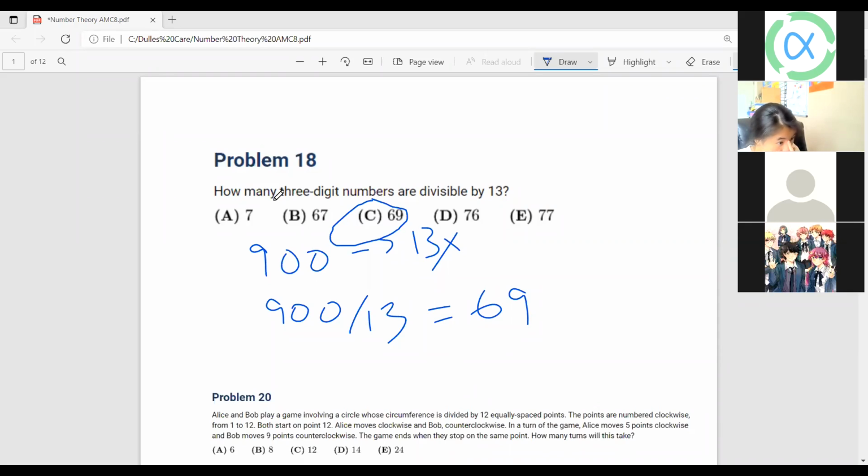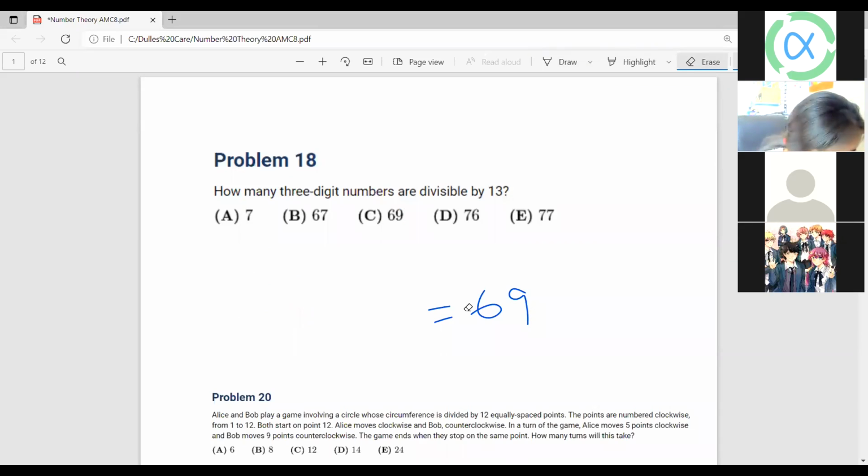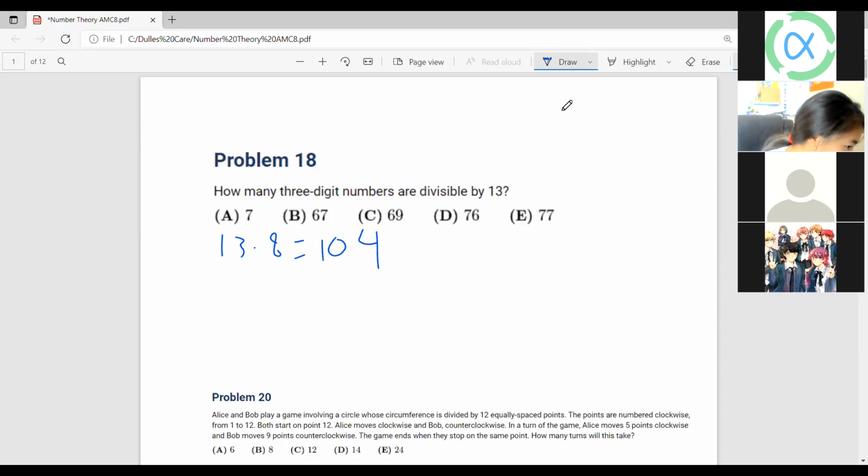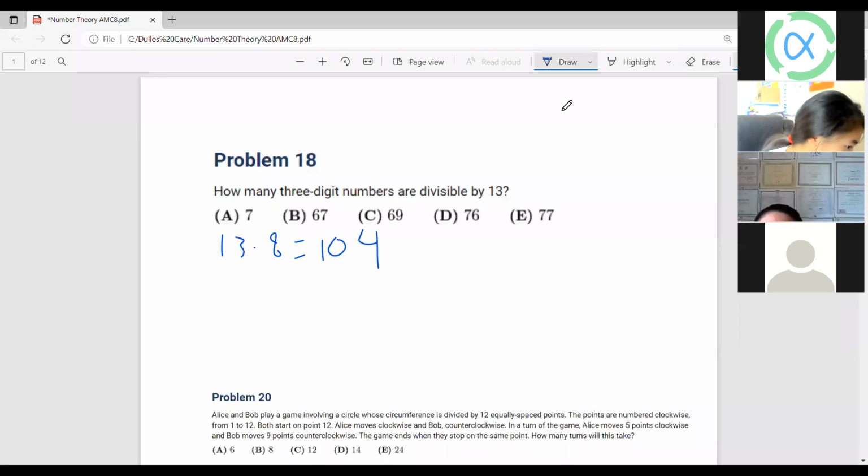There are several ways to approach this. The first way would be finding the smallest multiple of 13 from 100 to 999, which is 13 times 8. 13 times 8 is equal to 104. Then we find the largest multiple of 13 that's less than 999, which is 988.